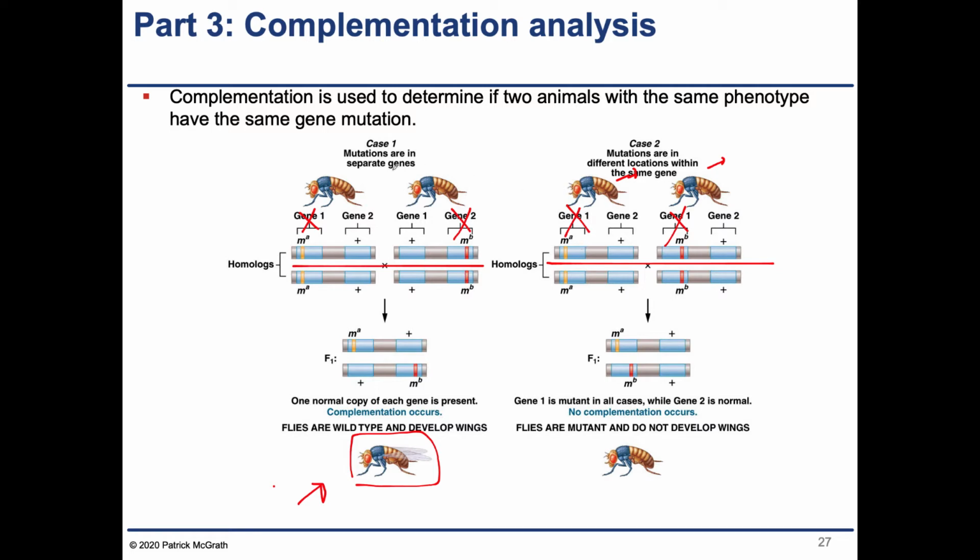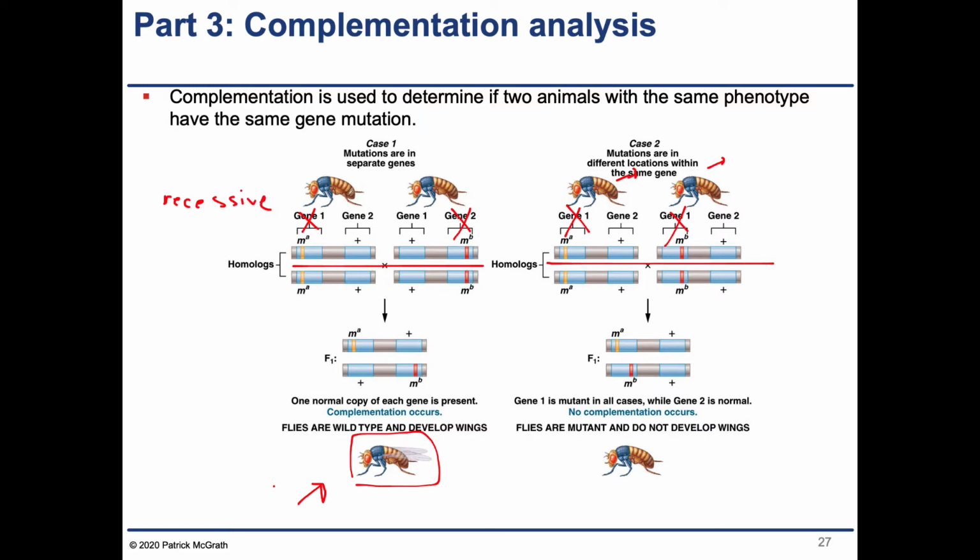So how do you go about determining whether case 1 is the situation or case 2 is the situation? And so the way that you can do that, and this assumes that they're homozygous recessive, this is assuming that the mutant phenotype is recessive. So you'll only be able to follow this logic if you understand that.